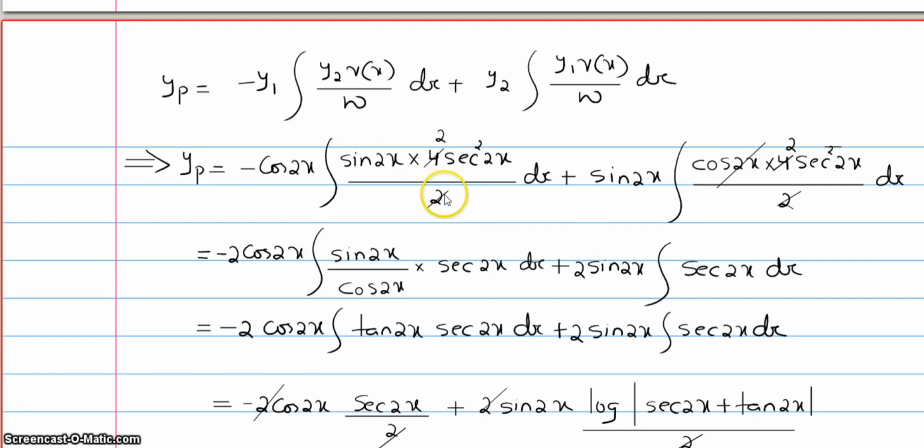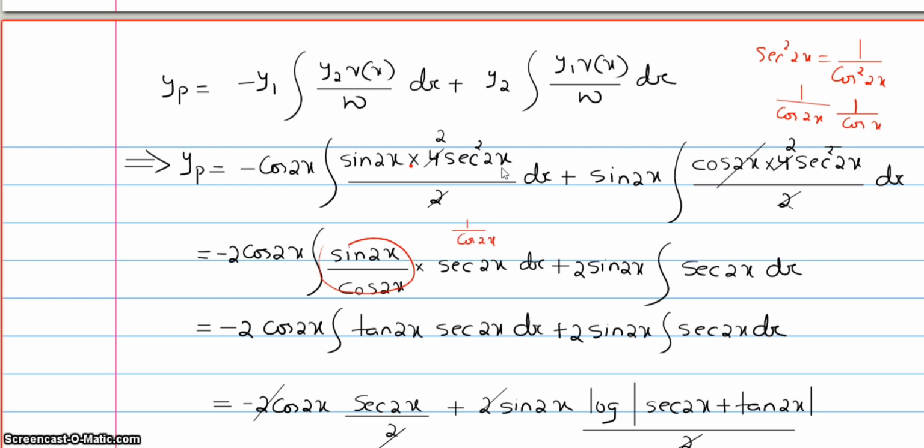Now I am cancelling 2 in both integral parts and writing sec square 2x. The sec square 2x can be written as 1 by cos square 2x. This can be written as 1 by cos 2x into 1 by cos 2x. So sin 2x into 1 by cos 2x, this is written like this, and again 1 by cos 2x is written as sec 2x.